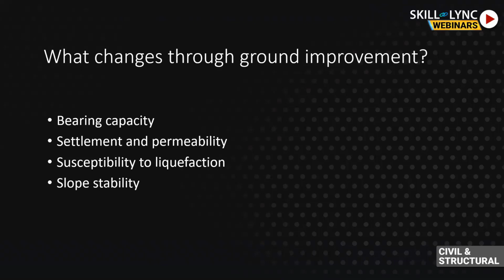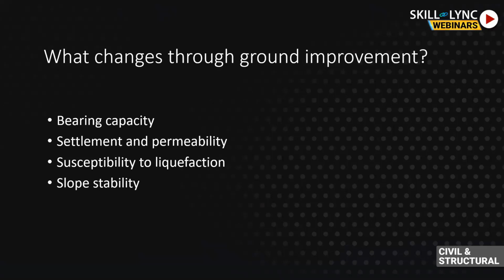Then another change that we need through ground improvement is the susceptibility to liquefaction. I had already mentioned it. If we find that a soil is susceptible to liquefaction, then we have to take measures to reduce the susceptibility, or in fact minimize, or if possible eliminate the possibility of liquefaction through ground improvement techniques.